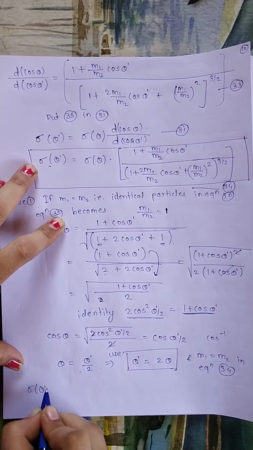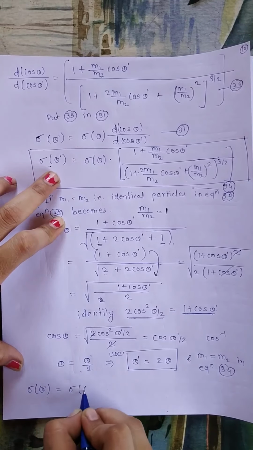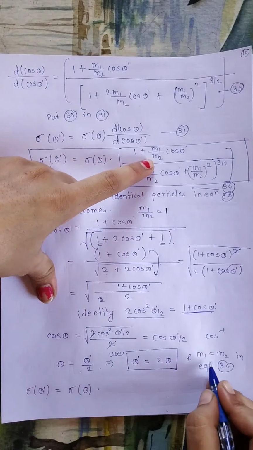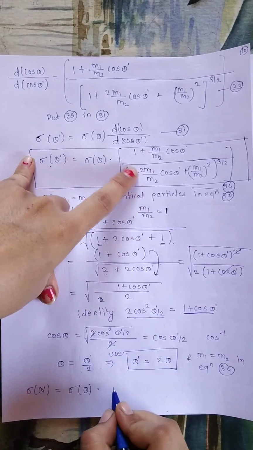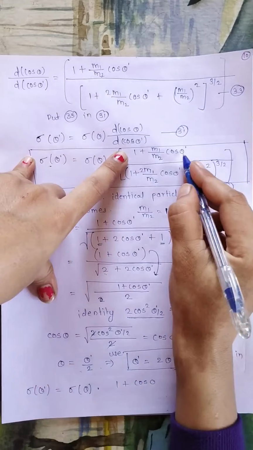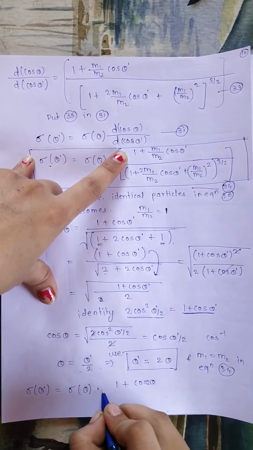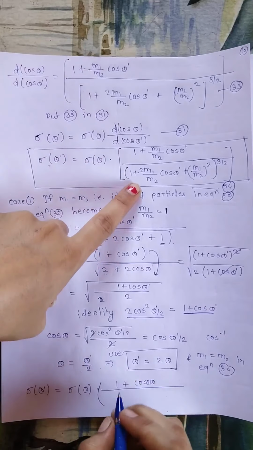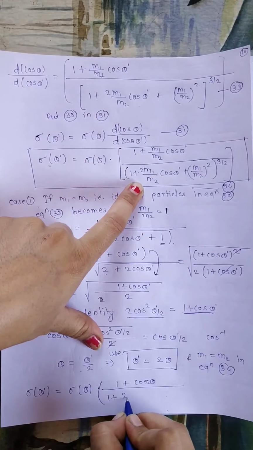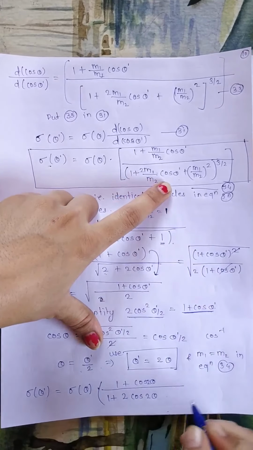We will get sigma of theta dash as sigma of theta into, now m1 upon m2 will be 1 since m1 and m2 are equal. So here only 1 plus cos theta. Now instead of theta dash we have to put 2 theta. So we will get 1 plus cos 2 theta upon 1 plus, now m1 upon m2 is again 1, into 2 cos, instead of theta dash we will put 2 theta.